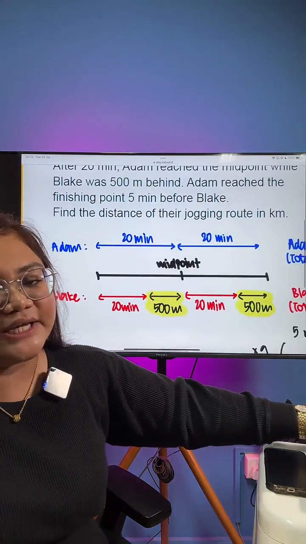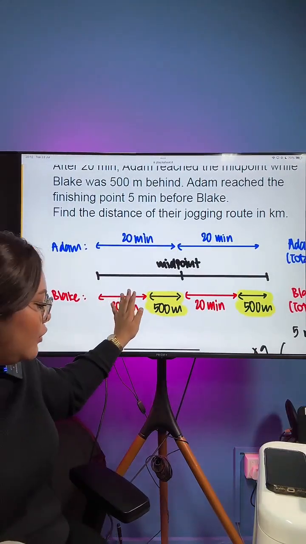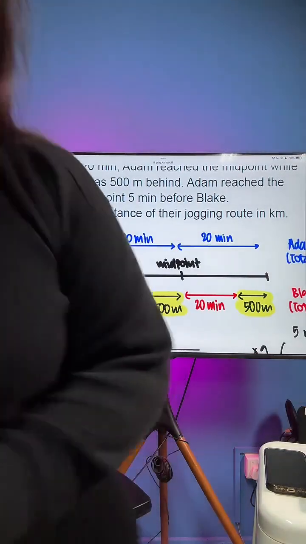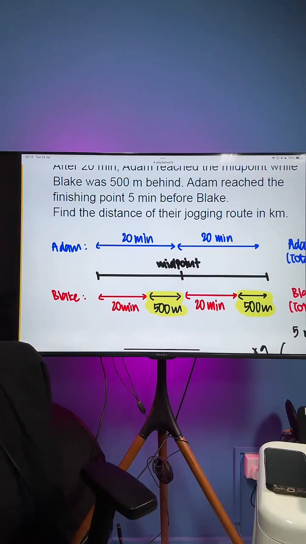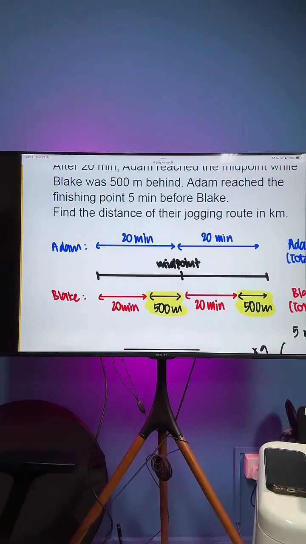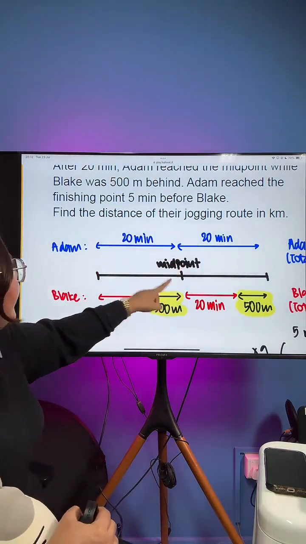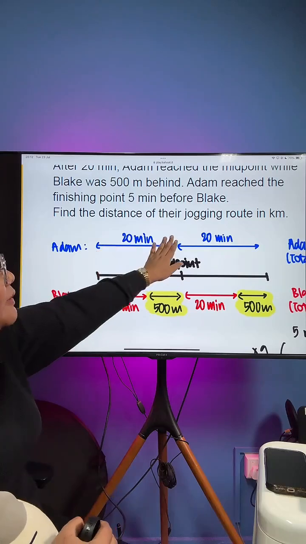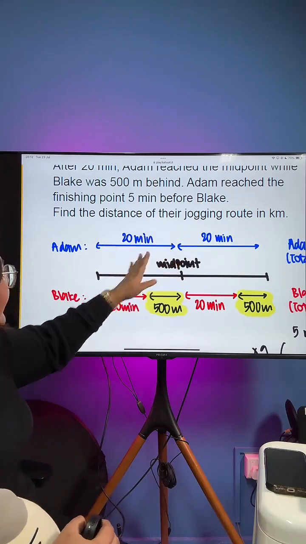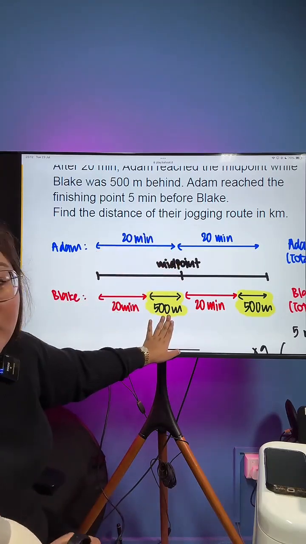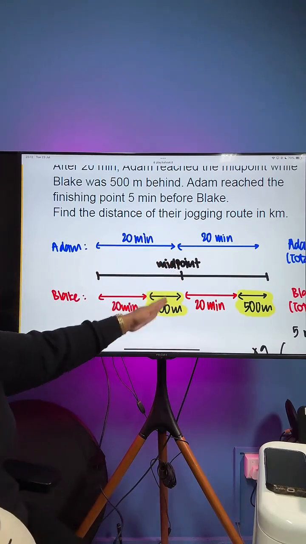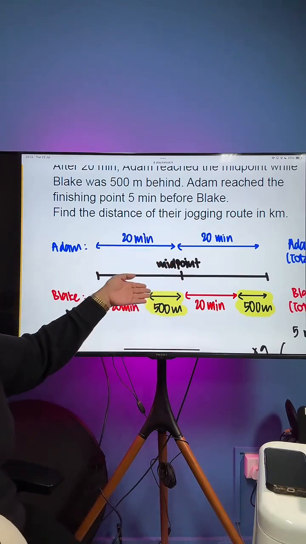So, I drew out this diagram for you. We have the whole journey being the one in black. And then at the midpoint, Adam takes 20 minutes to cover the first half, but Blake was 500 meters behind him.